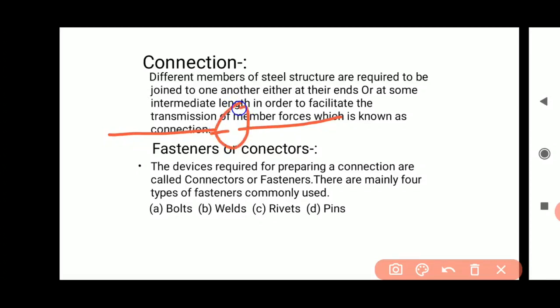The method of tying these two threads is a type of connection, a way to join them. In the case of steel members also, some connectors or fasteners are used for joining the steel members.